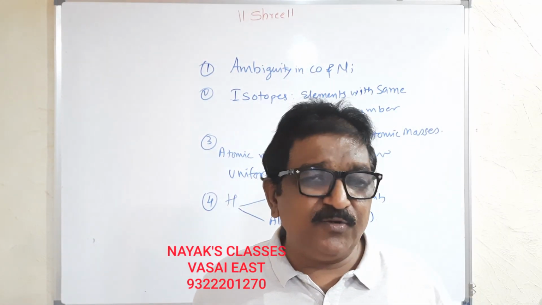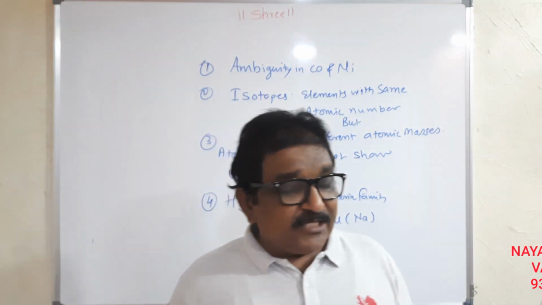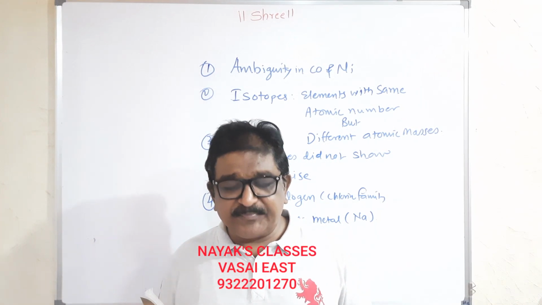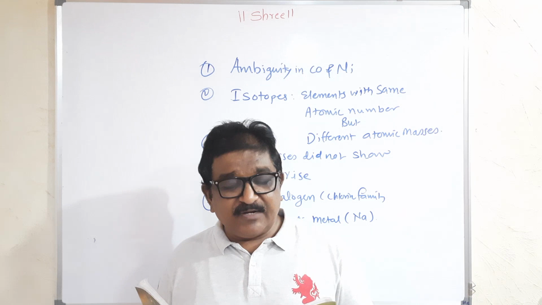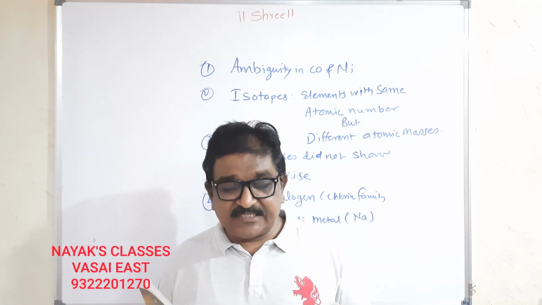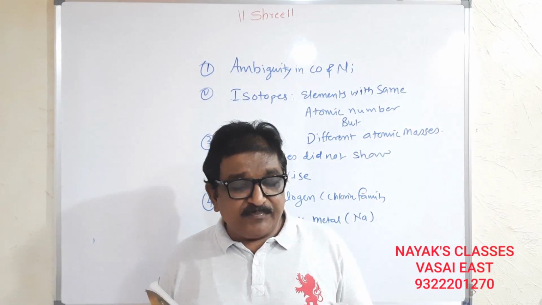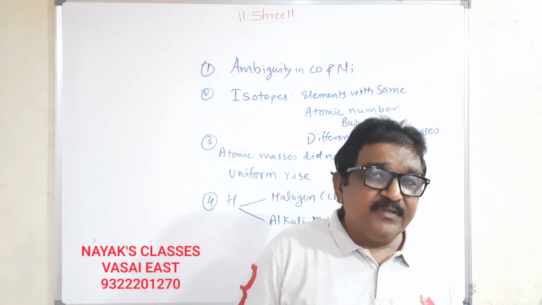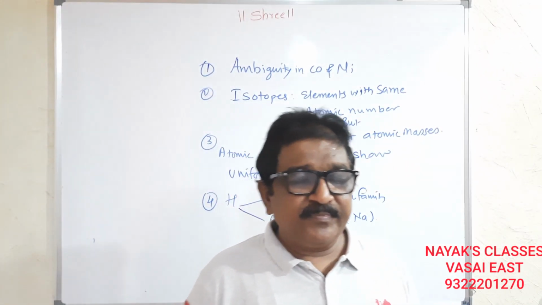So, I explained that cobalt and nickel created a problem. Isotopes were discovered a long time after Mendeleev put forth the periodic table. As isotopes have the same chemical properties but different atomic masses, a challenge was posed in placing them in Mendeleev's periodic table. Placing in the sense of explaining.